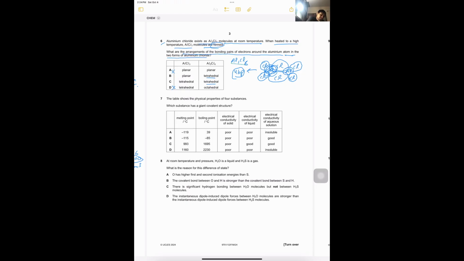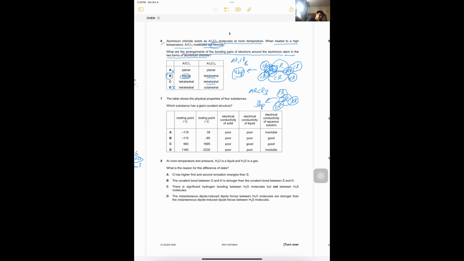And for AlCl3, the structure is 1 aluminium and just 3 Cl. So here we can see that there are 3 bond pairs, which is trigonal planar. So the answer should be B.